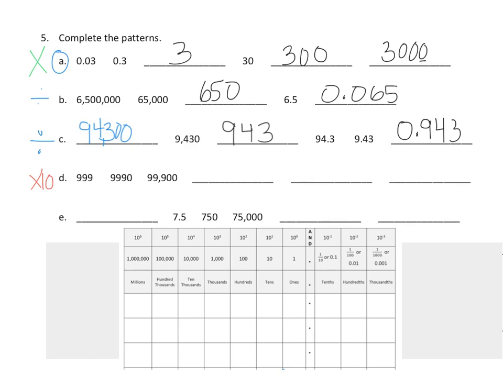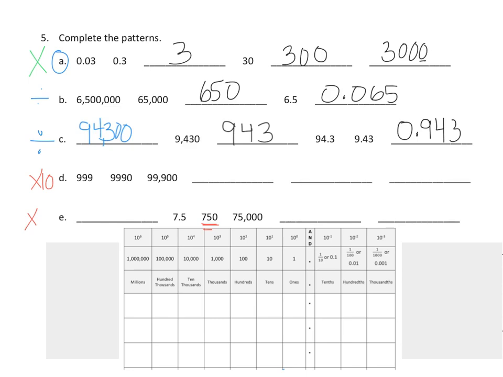And looking at the next, 5E, we've got 7 and 5/10, 750, 75,000. So that tells you right there, they're getting bigger. That means once again, we are multiplying the numbers in this pattern. And the clue to tell by what number is to look at 750. There's 1 zero.